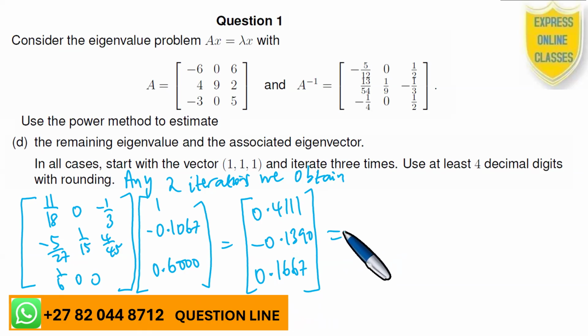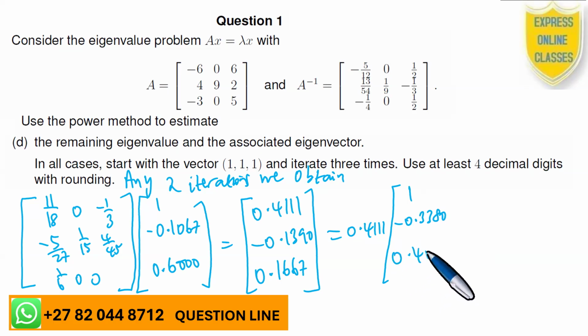We have seen that if you extract the 0.4111, because it's the biggest one of these in magnitude terms, if you take the absolute value of that, it becomes 1. We've seen it, minus 0.3380. We saw that before, previously, and then 0.4054 that we have seen as well. When we factorize this, dividing by each of these, the largest magnitude number.